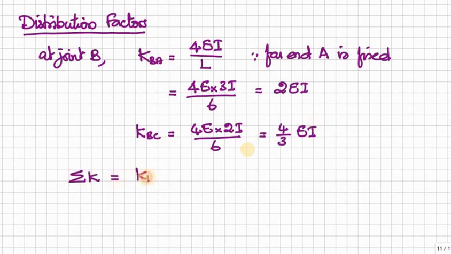Summing up the stiffnesses, that means sigma K is equal to KBA plus KBC, which is equal to 10 by 3 into EI.